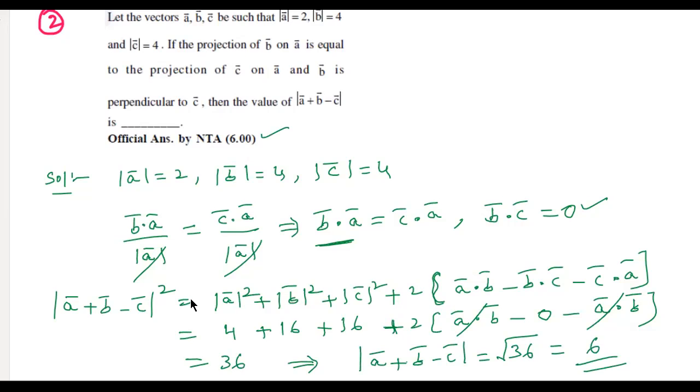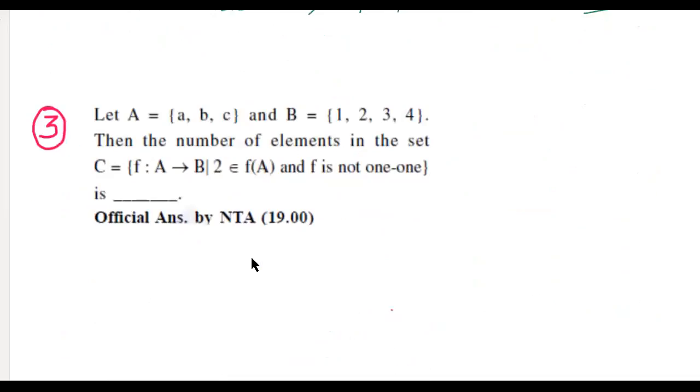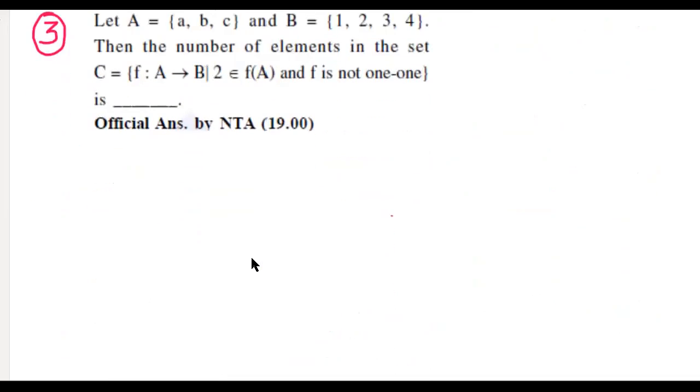Next, I am going to the third question. Say this: let capital A be equal to {a, b, c}, and B be equal to {1, 2, 3, 4}. Then find the number of elements in the set of functions f mapping A to B where 2 belongs to f(A).